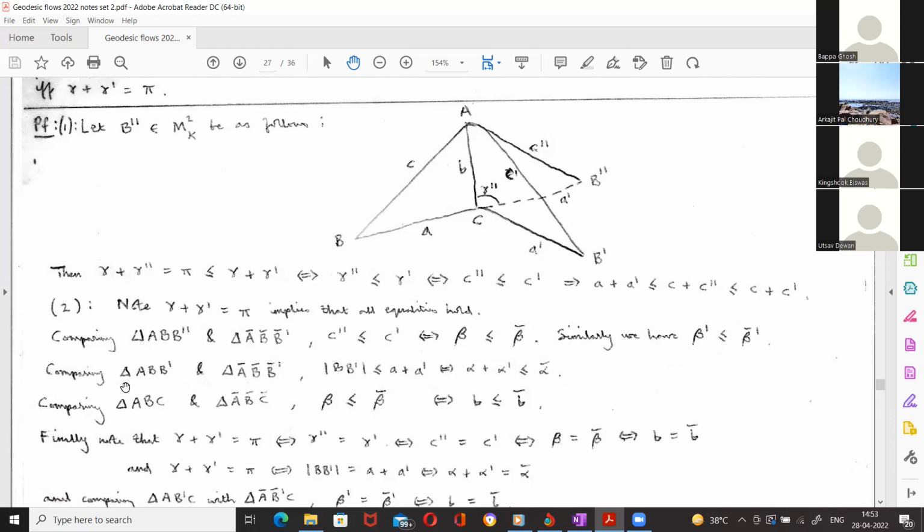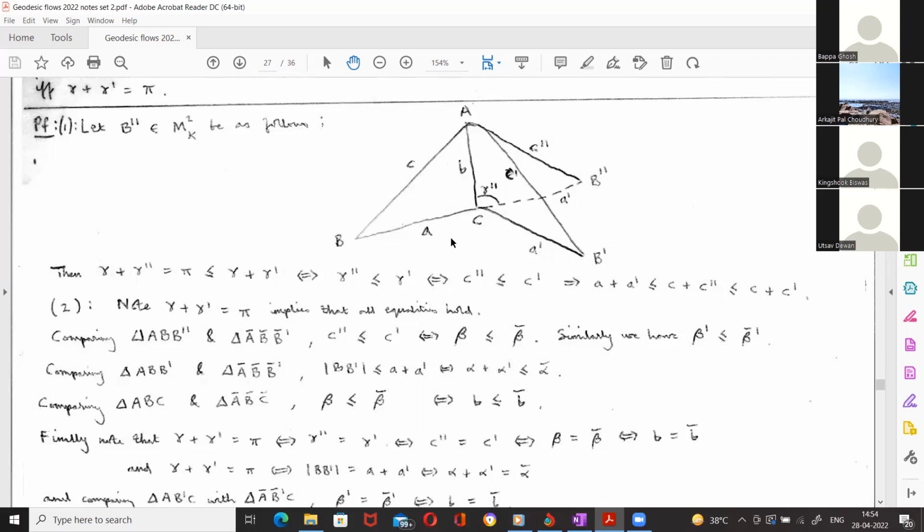Now you compare the triangles A, B, B prime and A bar, B bar, B bar prime, the big triangle. We are joining B and B prime.